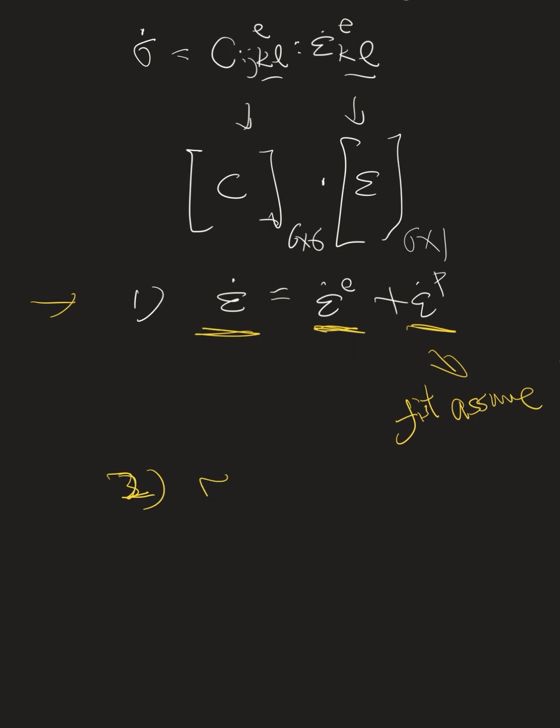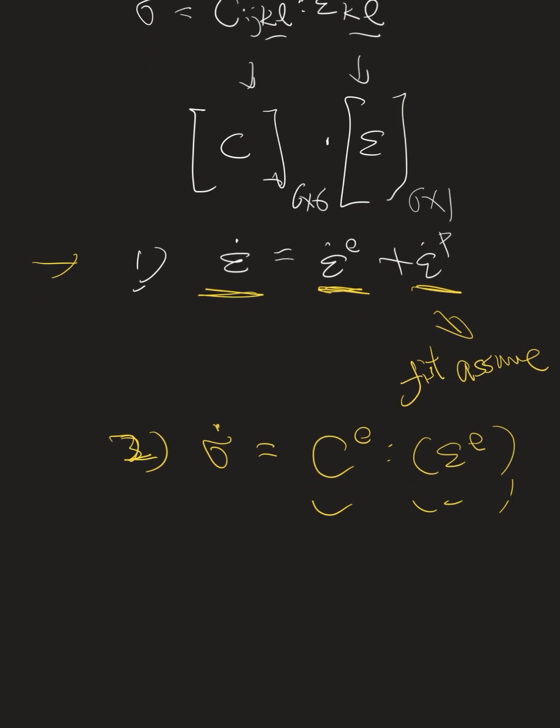And we need another ingredient, which is that the change of the stress is only equal to the elastic part of the strain, but not the plastic part. Here I'm assuming linear elasticity. If the elasticity is nonlinear, this C^e will become the tangent. So let me explain.